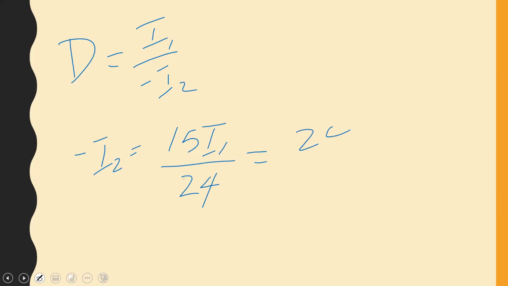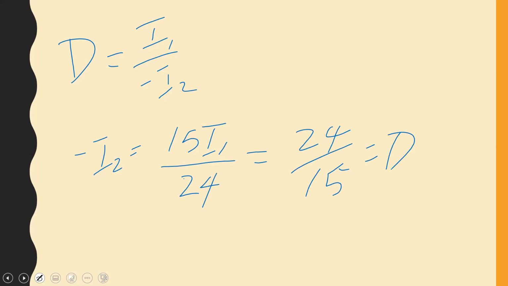So minus I2 is equal to 15 I1 over 24. All right, so I1 over minus I2 would be 24 over 15.